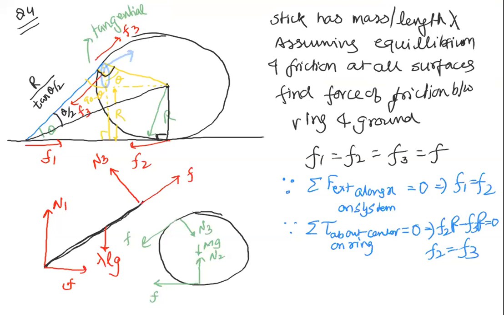So what should I do? किस point के about मैं लूँ? Torque rod पे लूँ या ring पे लूँ? Can you see there is one point that I can take where in one equation I'll get the answer. There is one point from which I will get the answer in one step.